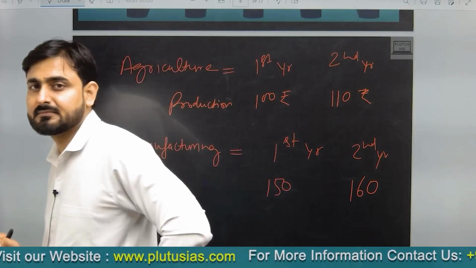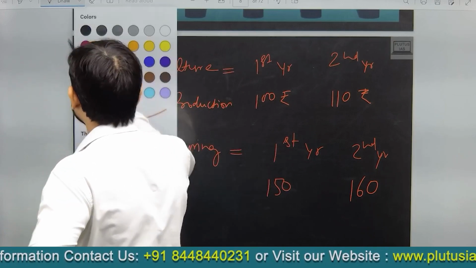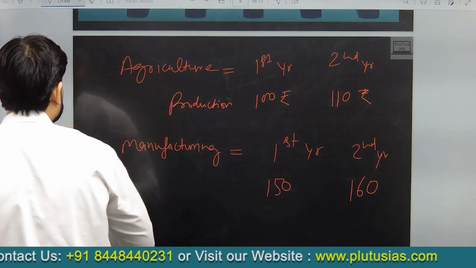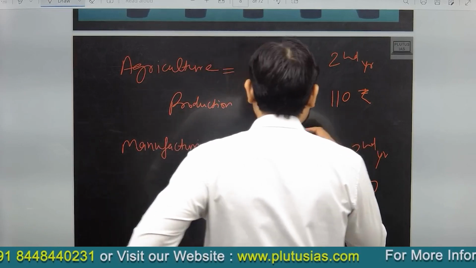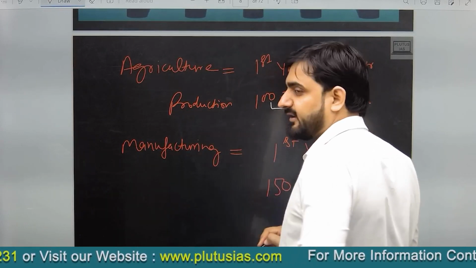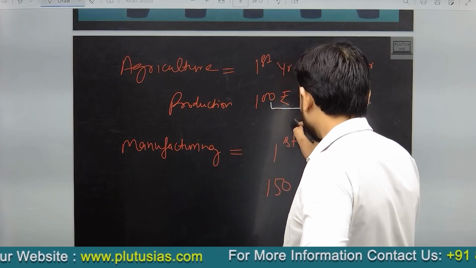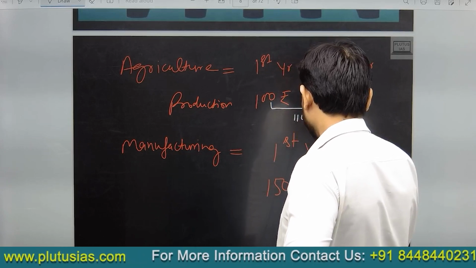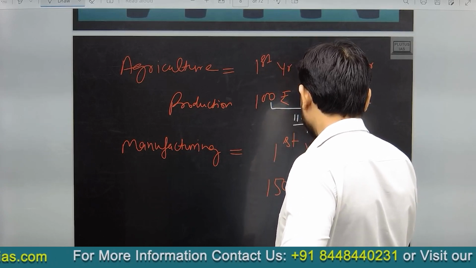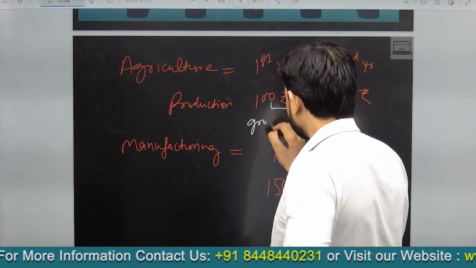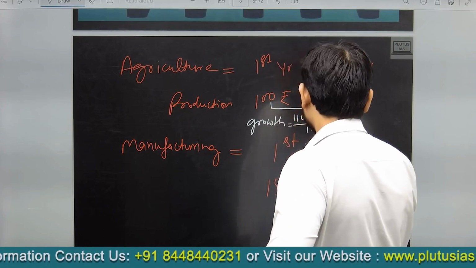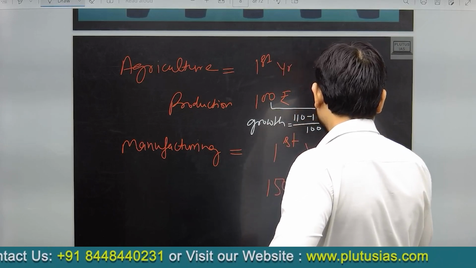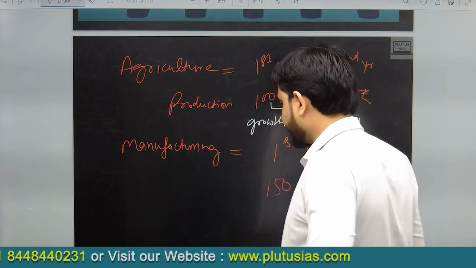Consider now economic growth. Here you are noticing 100 to 110, means 110 minus 100 divided by 100. So the growth is 0.1 or 10%.